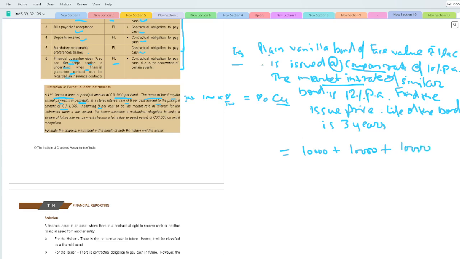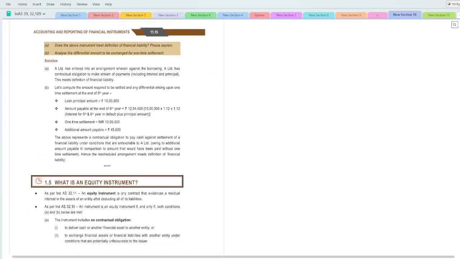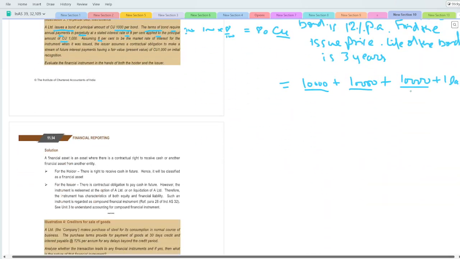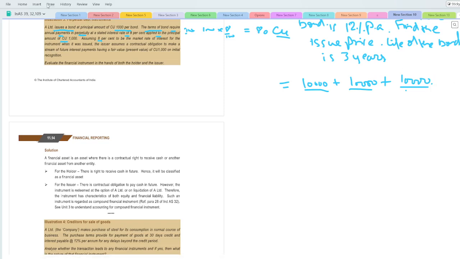I am talking from the issuer's point of view. The issuer will be paying 10,000 rupees each year in the form of interest. And on maturity, it will also reimburse the principal amount, so plus 1 lakh.